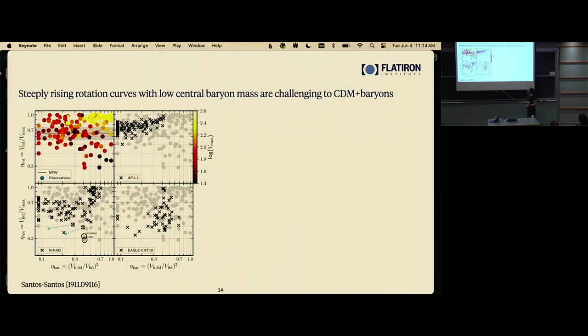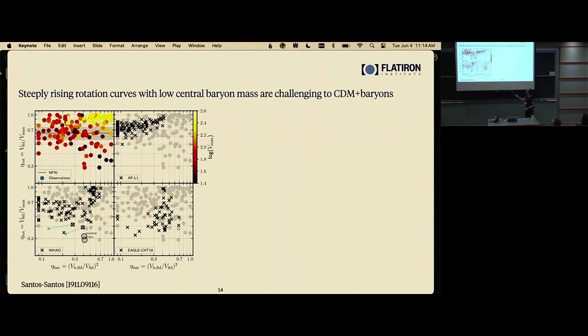And what Isabel pointed out is, okay, so this is a complicated plot, so let me piece it apart a little bit. So eta rho, again, is VFID by Vmax, so how fast or slow you rotate in the central region. This is the NFW prediction. Things below that are rotating more slowly in the central region than NFW, and things above are rising more steeply than NFW in the central region.